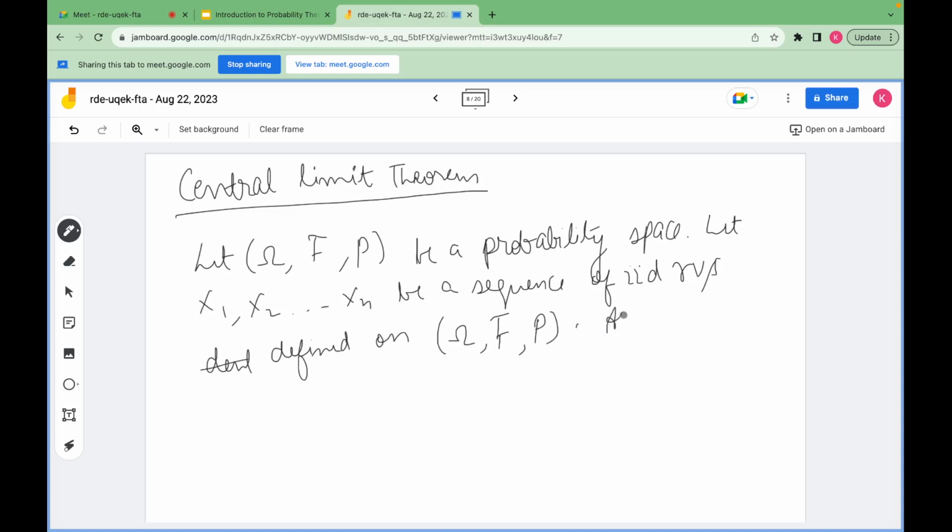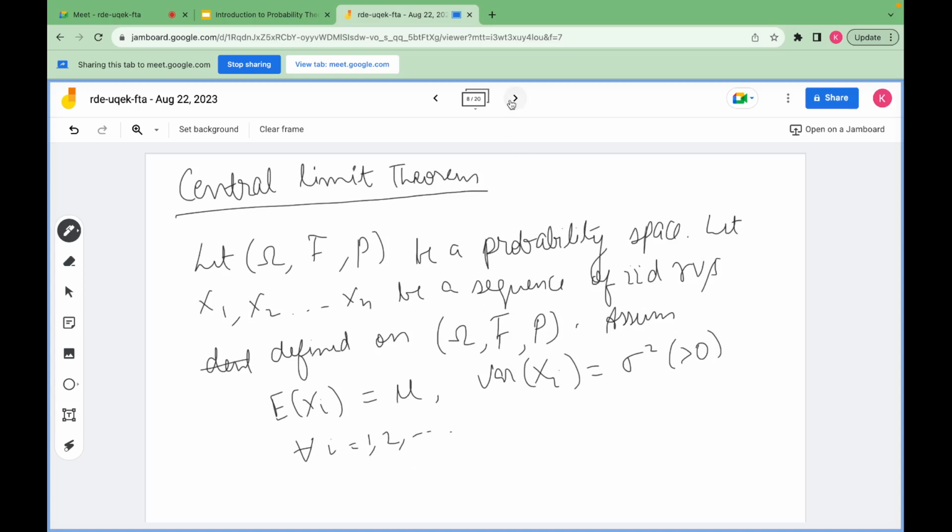Now assume that the expectation of all these random variables is mu and the variance of all these is sigma square, which is greater than 0, for all i equal to 1, 2, 3 up to n.